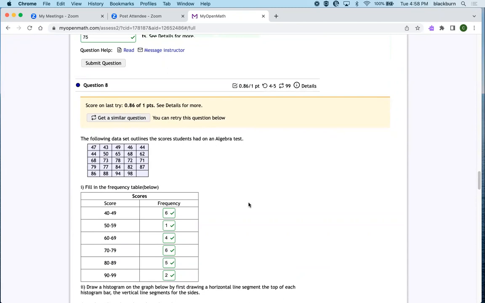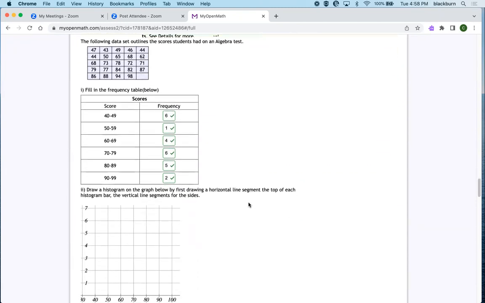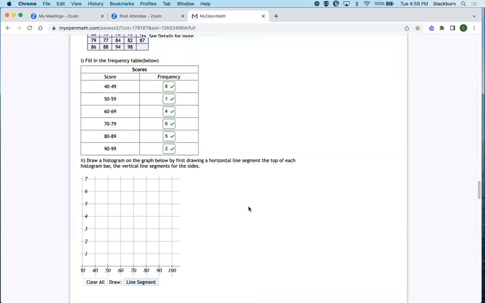I want to check that before I draw the bars. So here's how we draw the bars. The line segment tool is clicked already, so that's good. Between 40 and 50, my frequency is 6. So I go up here and you're going to see a little pencil tool.